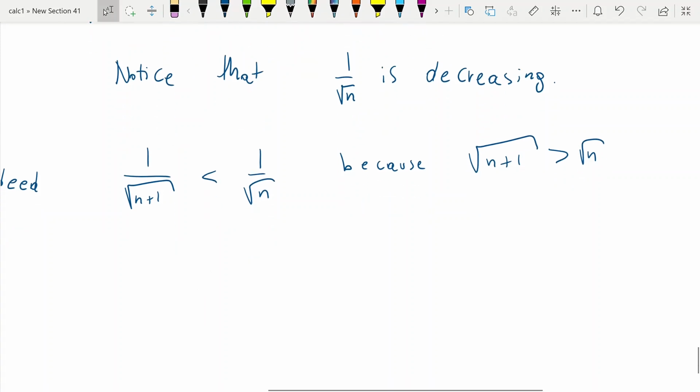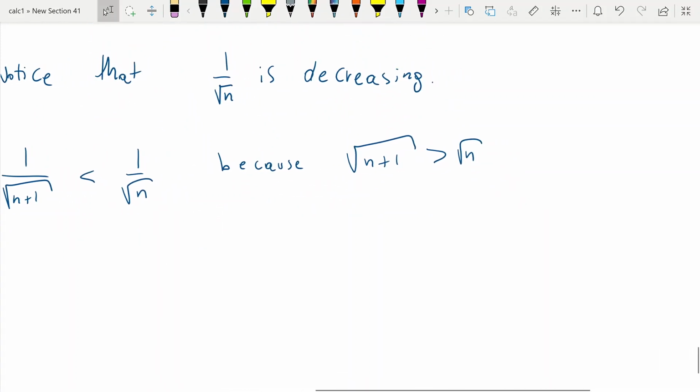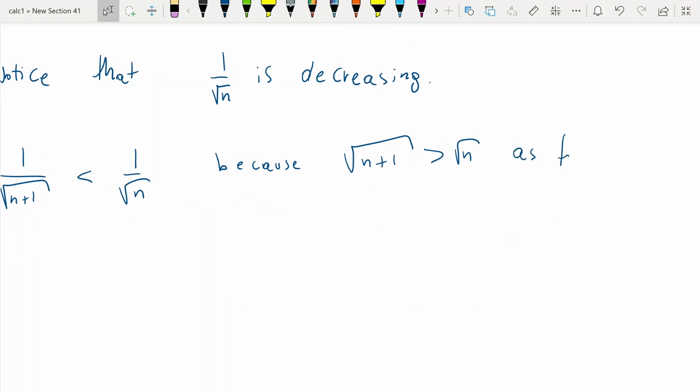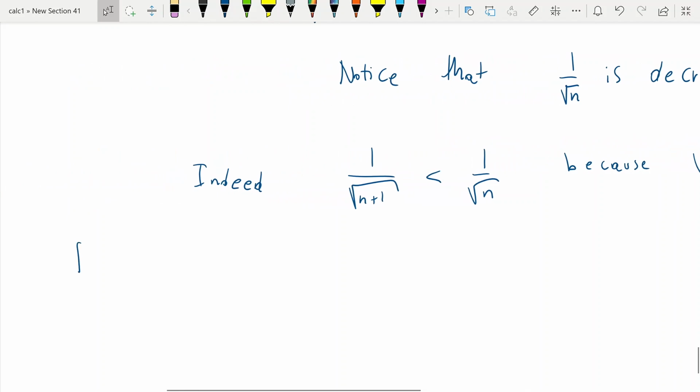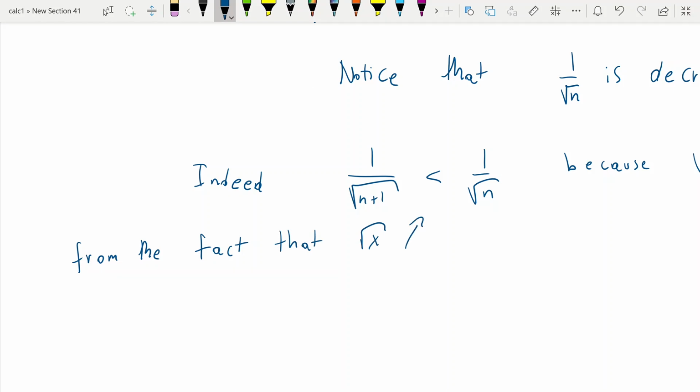And this follows from the fact that the square root of x is increasing.